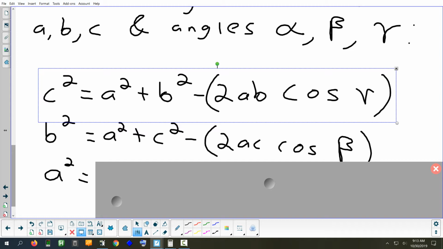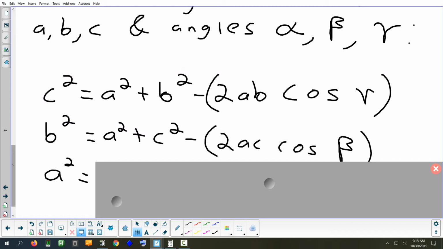It's important to understand the idea of a pattern because when we do a word problem, they may not have any A's, B's, and C's at all. You just have to understand the concept: one side squared equals the sum of the other 2 squared, and then go from there. So what would be after A squared?